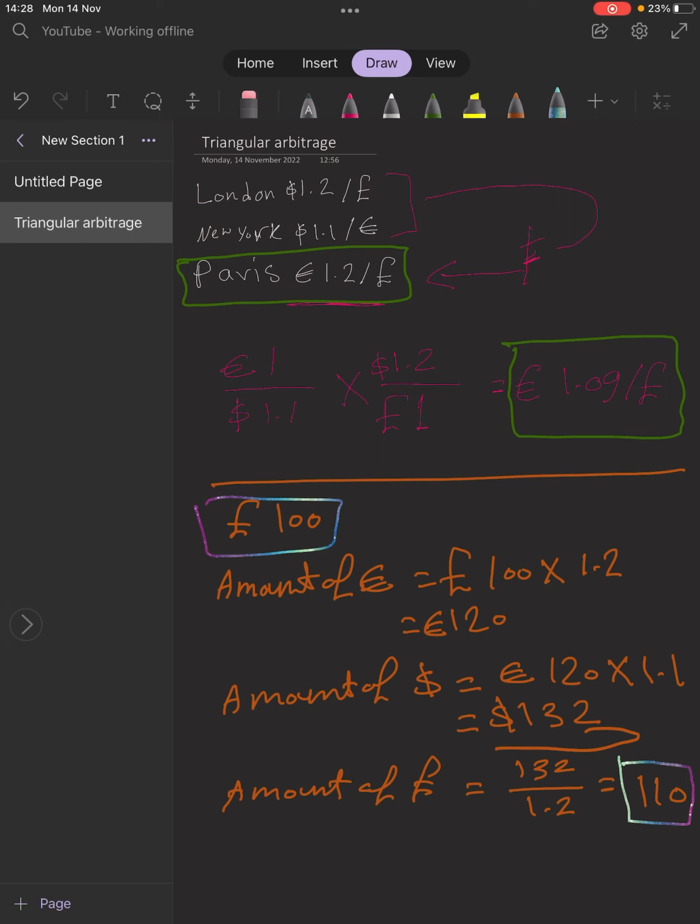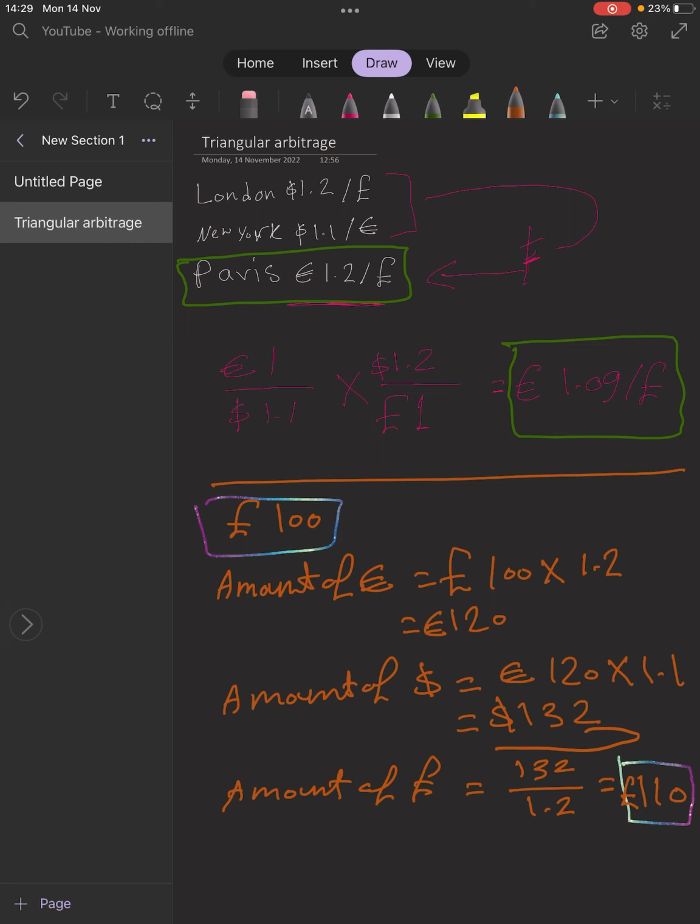So it's quite interesting, right? From 100 pounds to 110 pounds in a matter of a few minutes. You may do that online. You basically get that 100 pounds, transfer it into euros, and you will get 120 euros. Take these euros and transfer them into dollars.